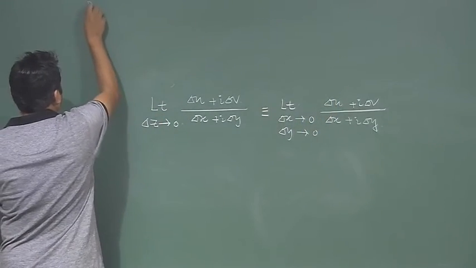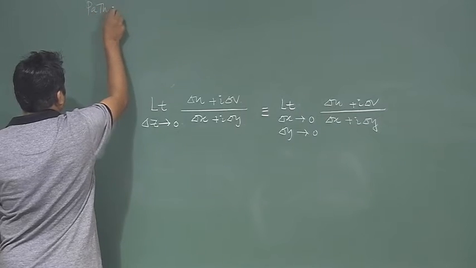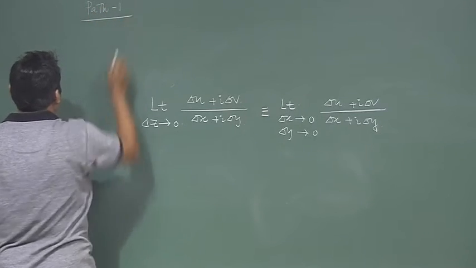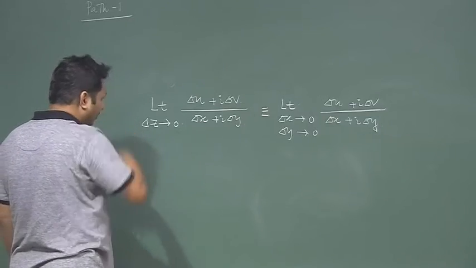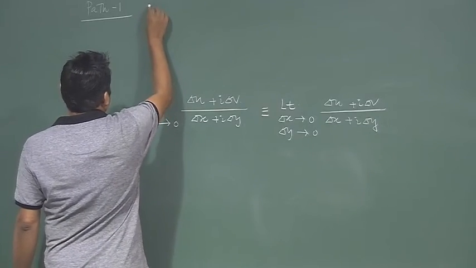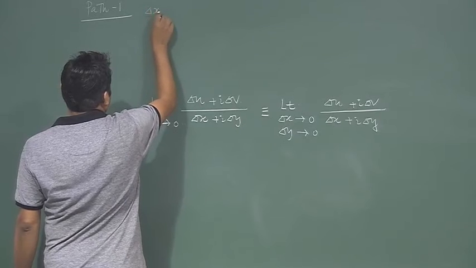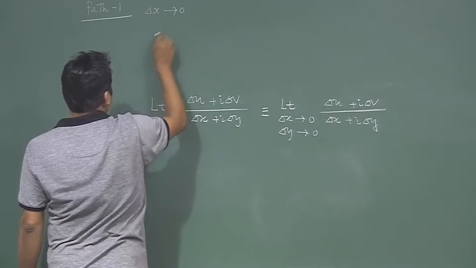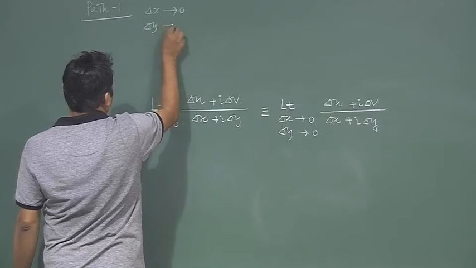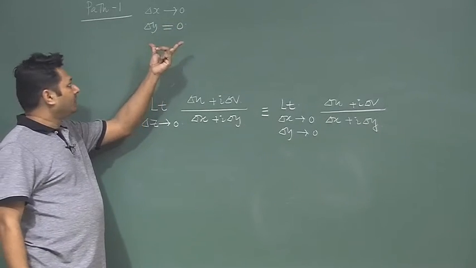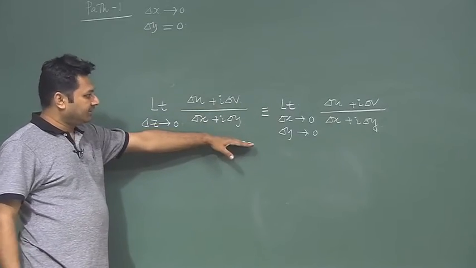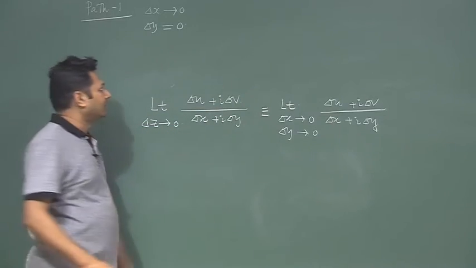Path 1. So, what is path 1? I say delta x tends to 0, but delta y is 0. I showed that. So, if I put this here, then things will be slightly simpler. How?